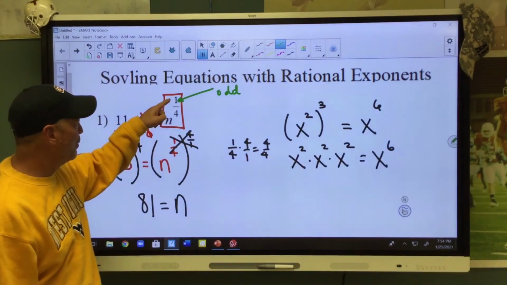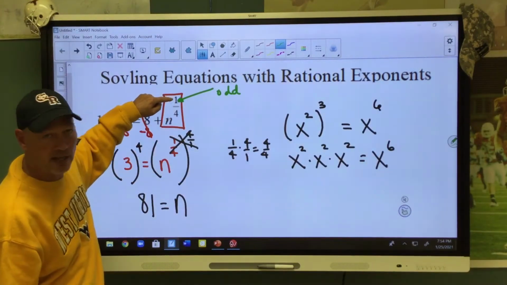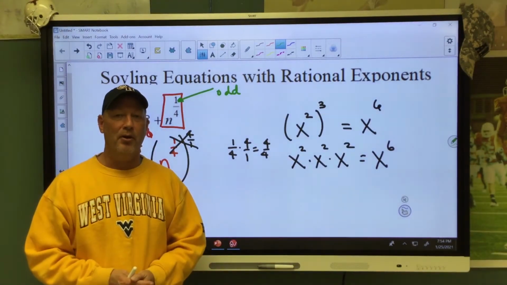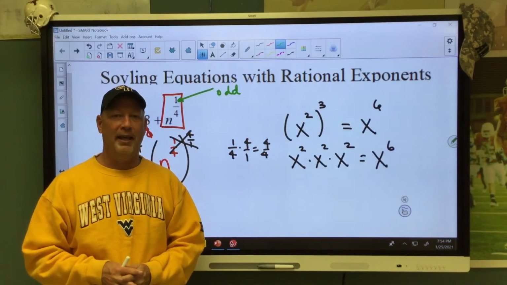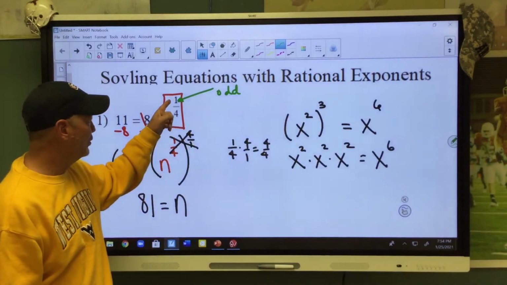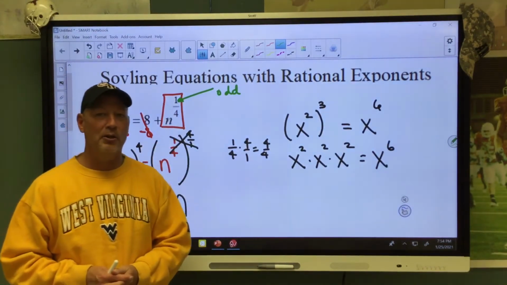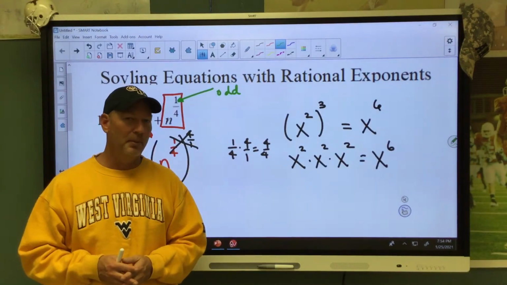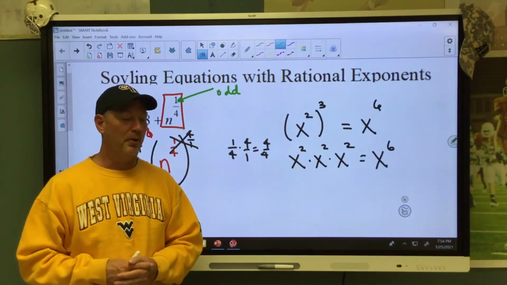But if this numerator, the top number of your exponent, is an even number, that's a special case. In our next 2 examples, this numerator, that top number, is going to be an even number. And we're going to have to do things a little bit differently. Okay, let's go to the next problem.